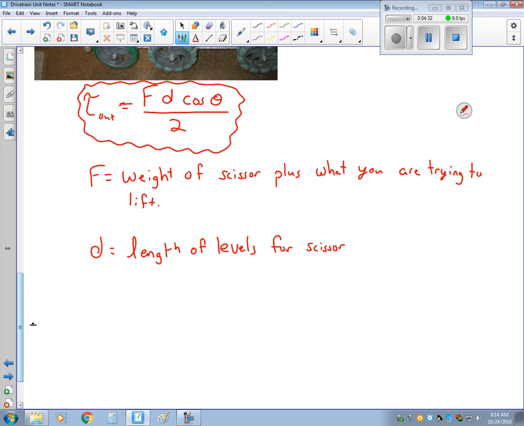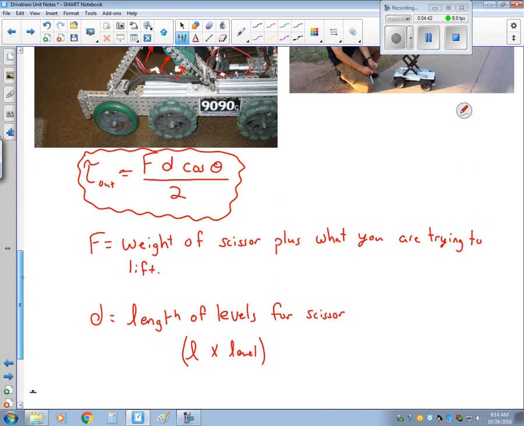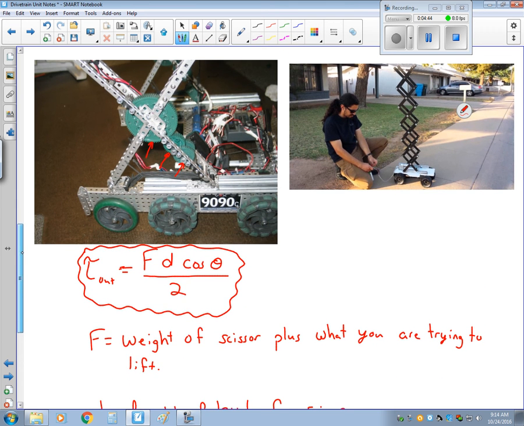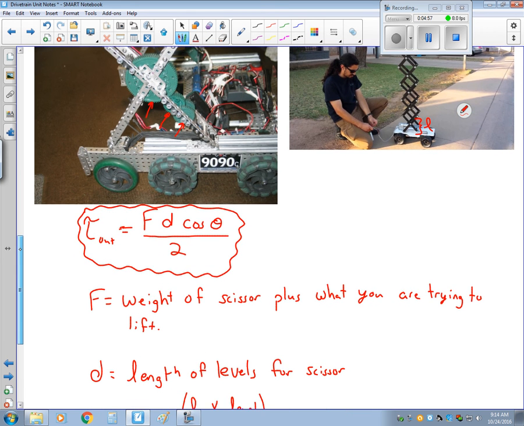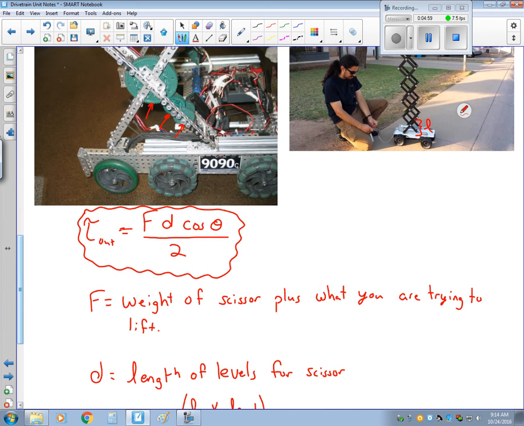So to get the length, we would need to measure the height of one of those X's there. And then cosine of the angle.